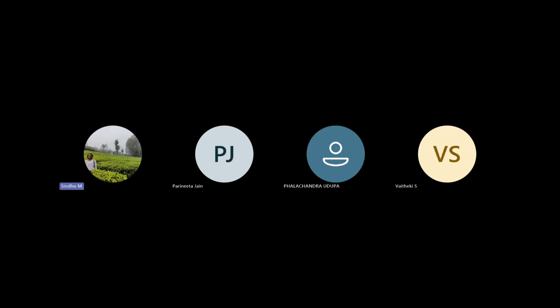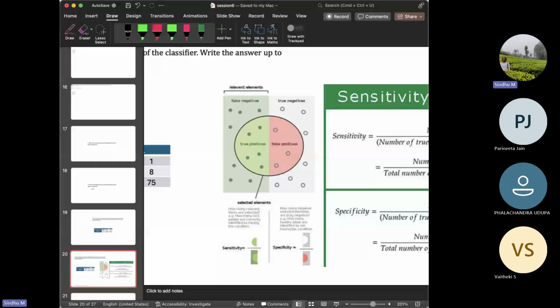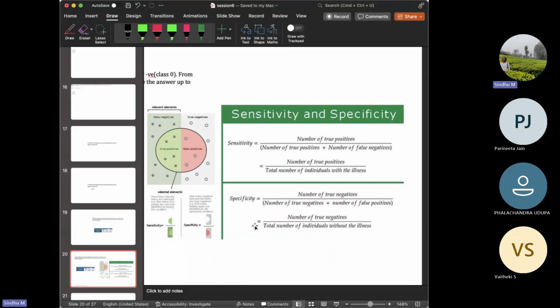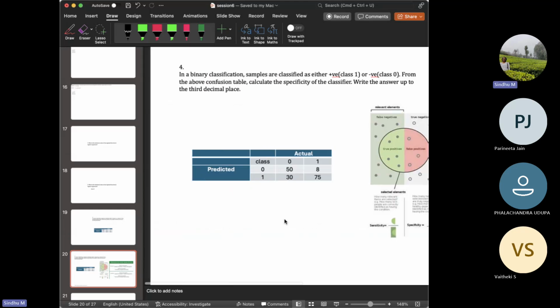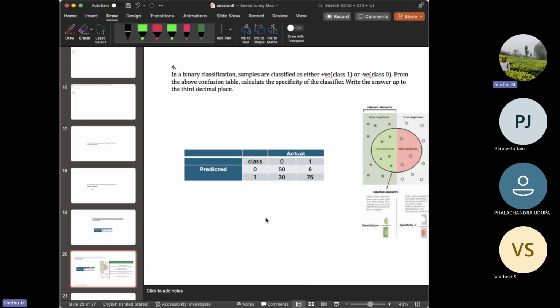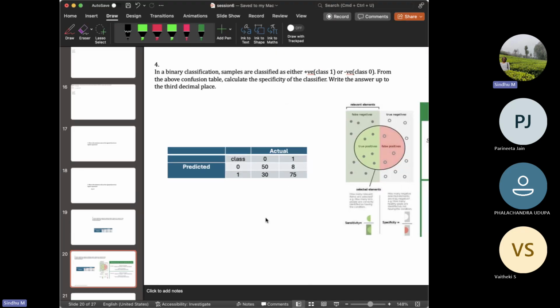So to get the specificity, first we have to find the number of true negatives based on this table. True negative means the actual negative or actually false values that the model has also classified correctly.